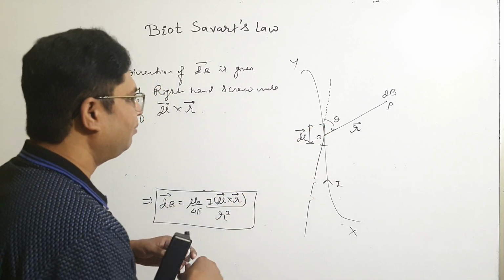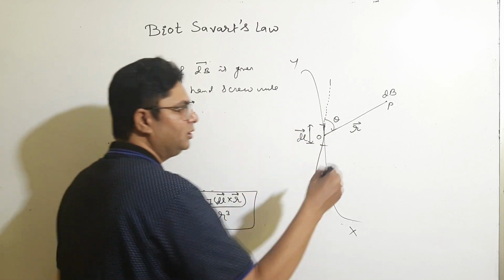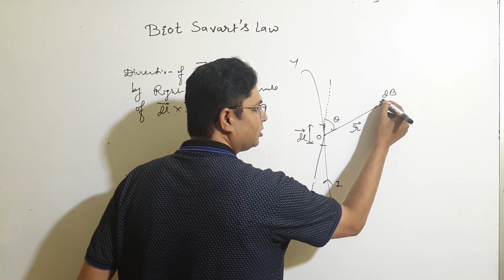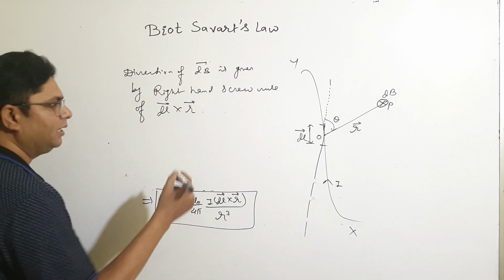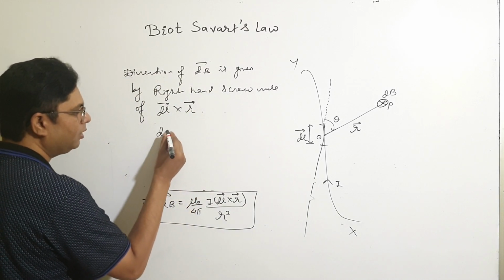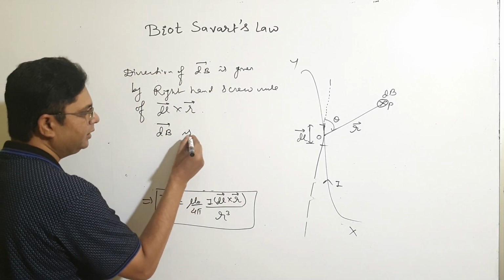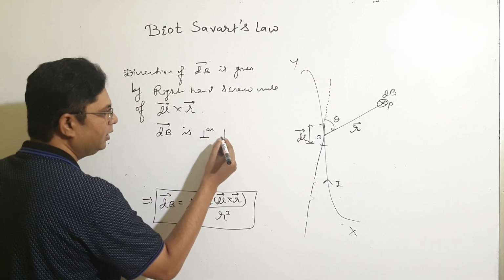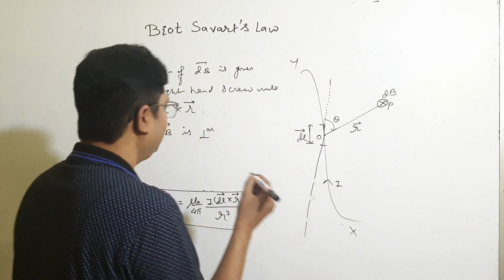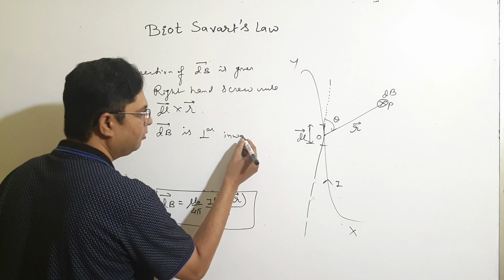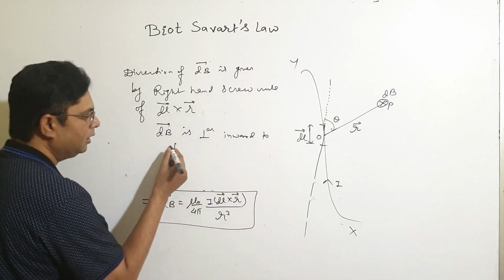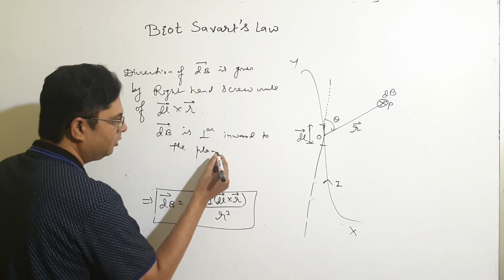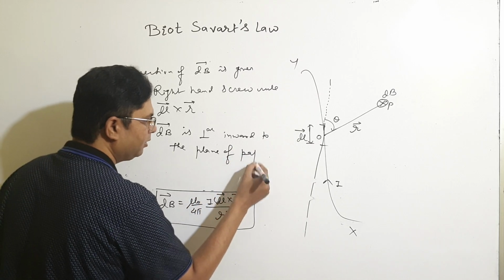Here you are seeing that the magnetic field is inside the board. Inside is indicated by a cross. So the magnetic field dB is perpendicular and inward to the plane of paper.